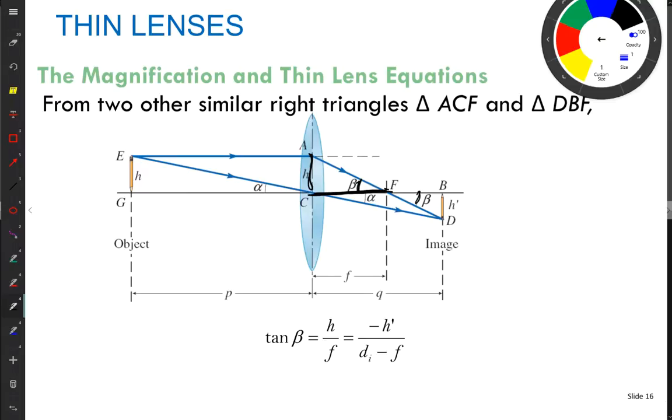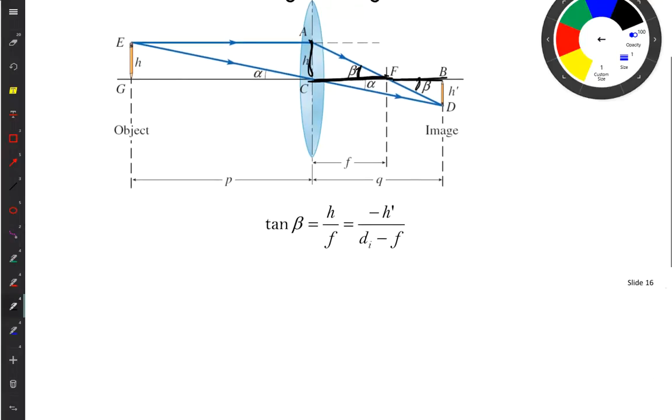So tangent of beta is height of the object over the focal length. Going to the other side, the distance that I just drew is the image distance minus the focal length. We actually have a name for that. It's called the extra focal length. And then we have minus h prime, minus because it's inverted, h prime for the image height.